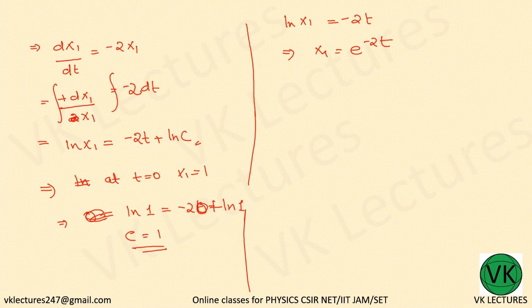Similarly, x2 I got as minus x1, so x2 will be equal to e to the power minus 2t. So x1 and x2 I got as e to the power minus 2t.